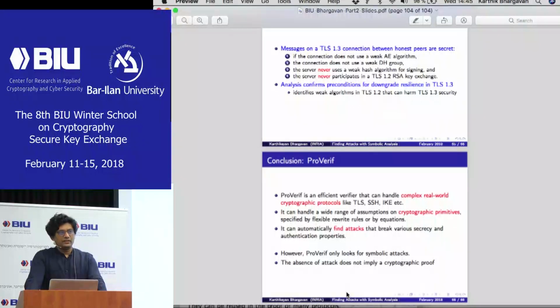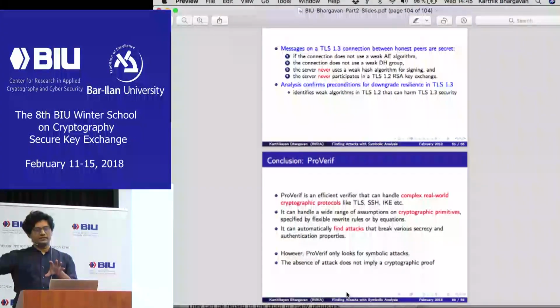So there are several results called computational soundness results, and they look similar to UC-like assumptions that you have to make on the way you're using the crypto. But they also have to make other restrictions on how the protocol execution works.